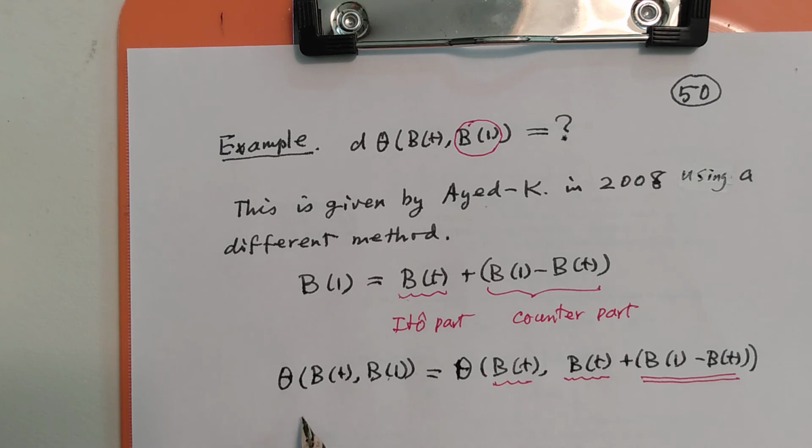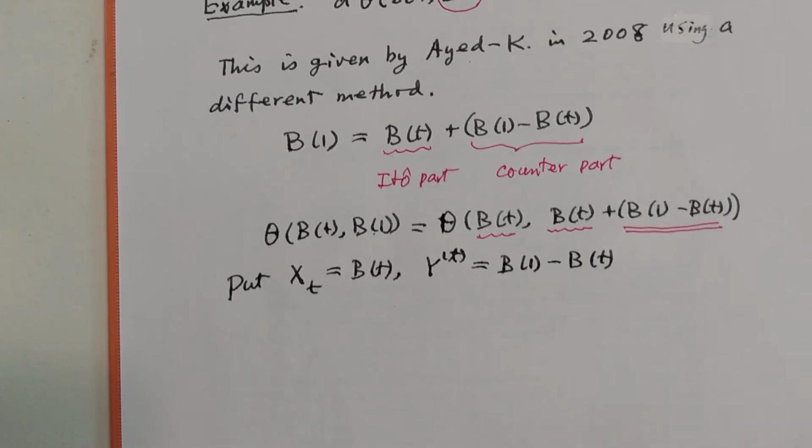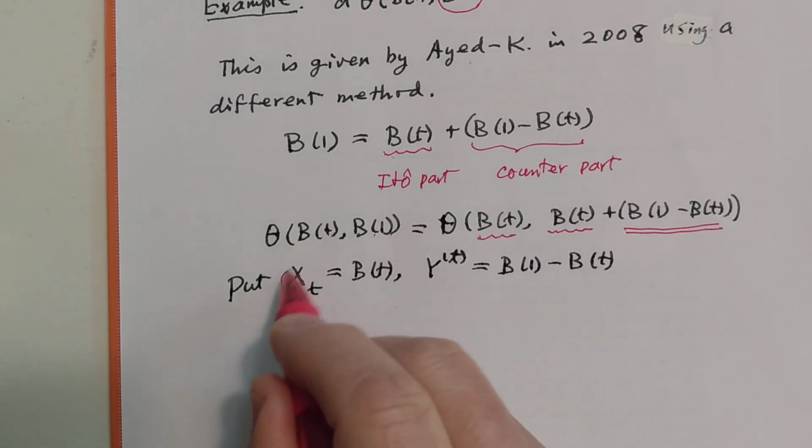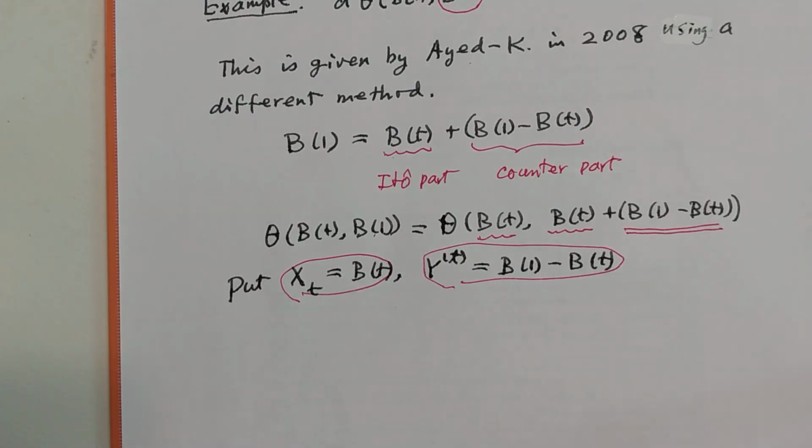So we can put x sub t equal to B_t, and y sub t as B_1 minus B_t. So you see we have one Ito process and another one in the counterpart.